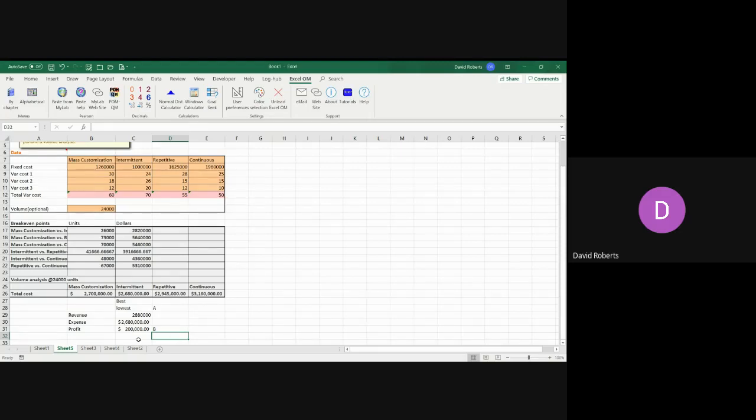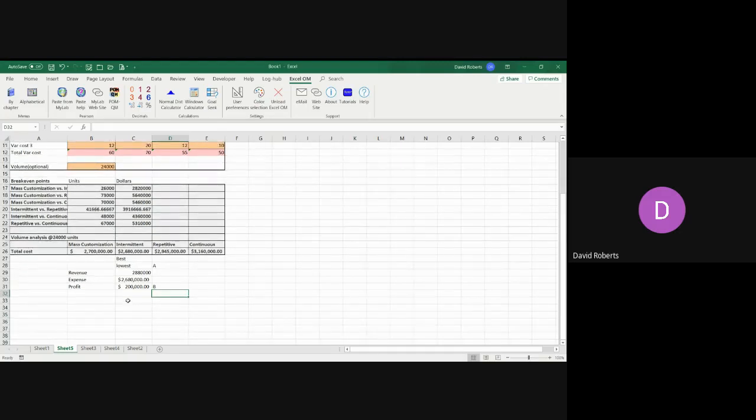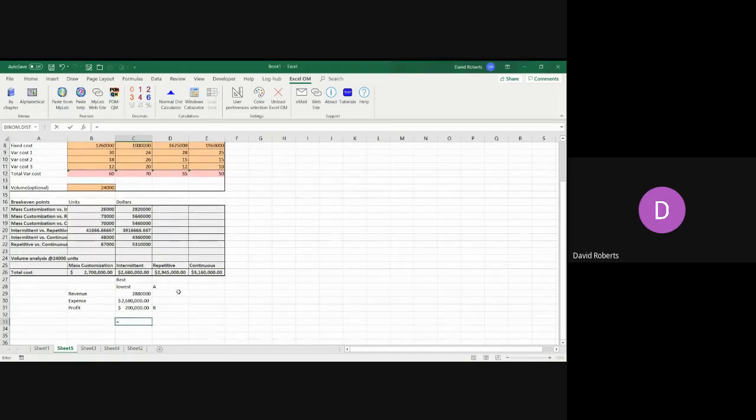One other way that you could do this to calculate the profit, if you just want to do it in one step, you could take the 24,000 units and you could multiply it by the selling price minus the variable costs.